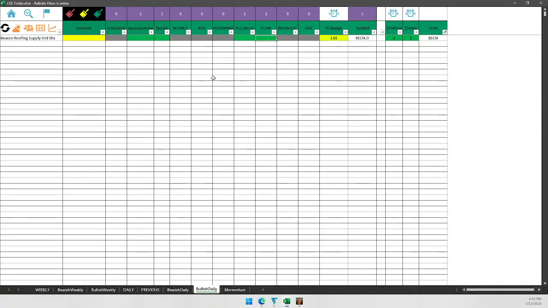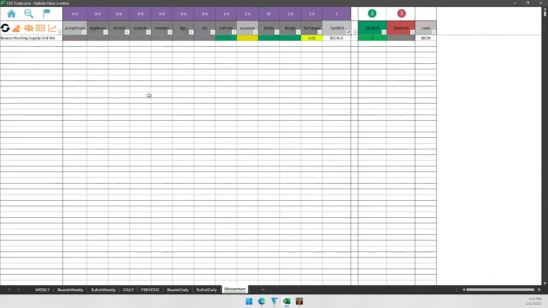If I wanted to know the momentum dots, I could do another click and I could see it has three momentum dots, that is Bongo, Mobo breakout, Kahuna, and is coming out of a squeeze. So all these are available in a color coded format, and now you can also look for patterns.